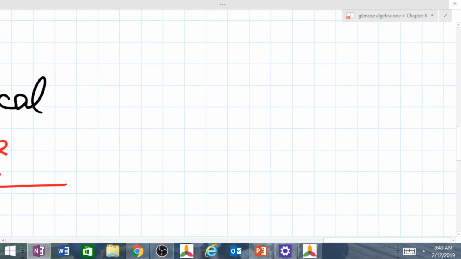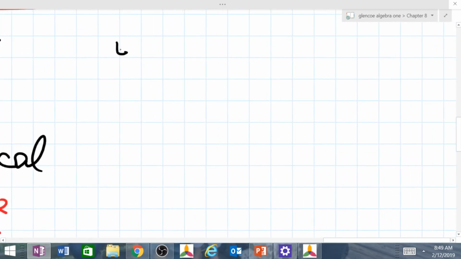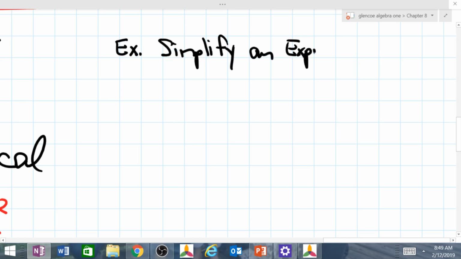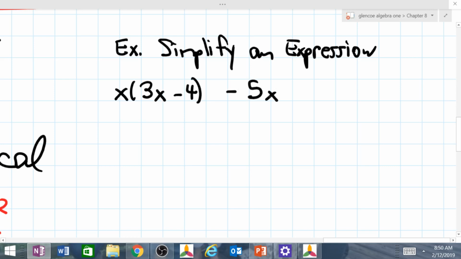All right, so now let's make your life interesting, and let's throw something else in there for us. Let's go ahead and simplify an expression. So let's try x times the quantity 3x minus 4 minus 5x.